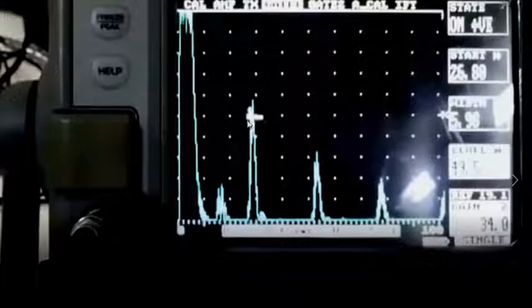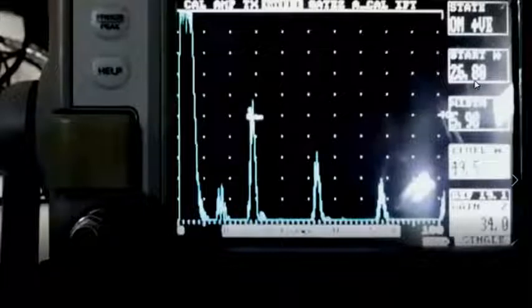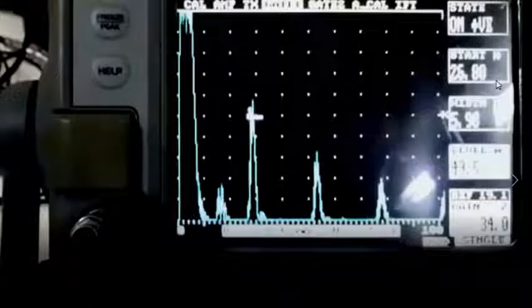This marker indicates the distance on this window. You can see it is about 26.8 mm, so it is a little different from 25 mm. This should have come at 25, so some difference is there.